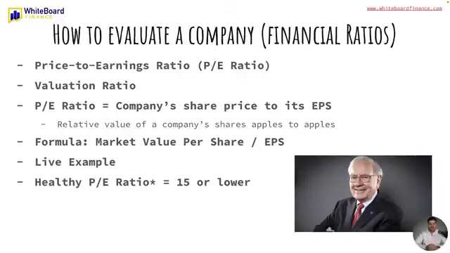If you remember how we talked about how mutual funds are hard to make an apples to apples comparison on, that's because they're very different. They invest in different things, they have different objectives. But when you look at 2 companies, you can get an exact idea of the company's relative value of their shares versus their earnings per share, if that makes sense. So the formula is market value per share divided by earnings per share.